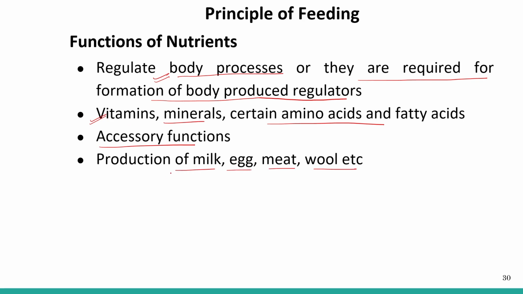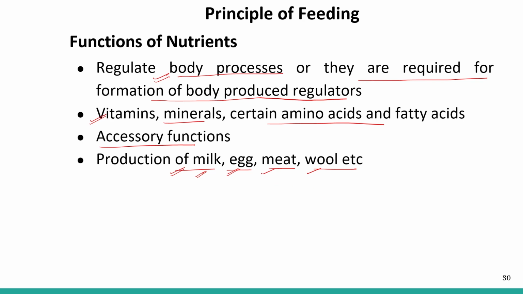So there are different animals that provide us milk, egg, meat and wool. So they require different types of nutrients. According to that, if they are milk producers, their nutrients should be like that. If they are egg producers, then according to the production of egg, the birds or the fowl should be fed with that particular type of nutrients.